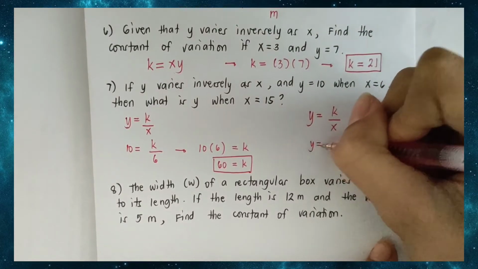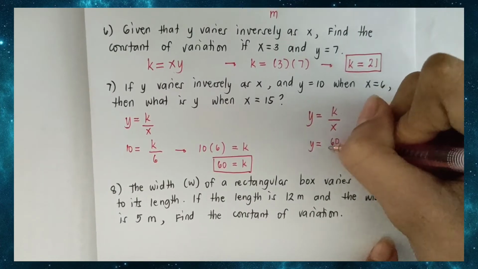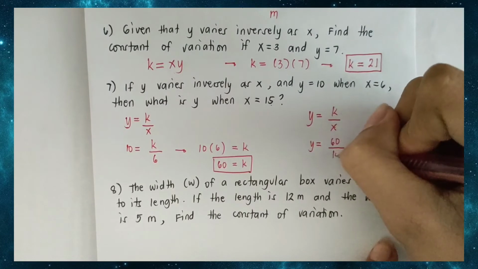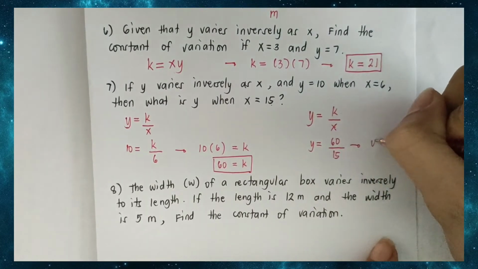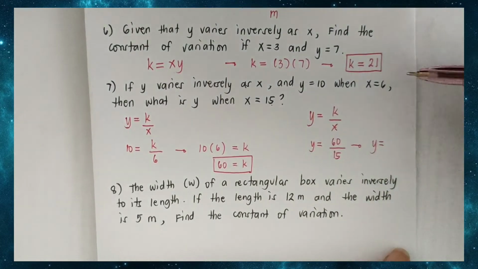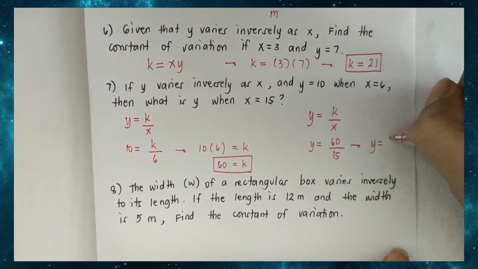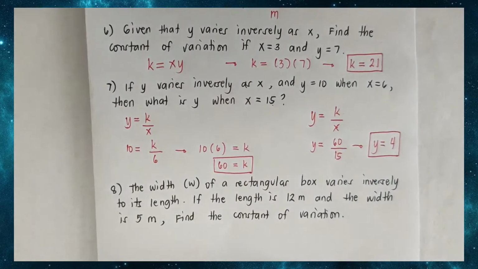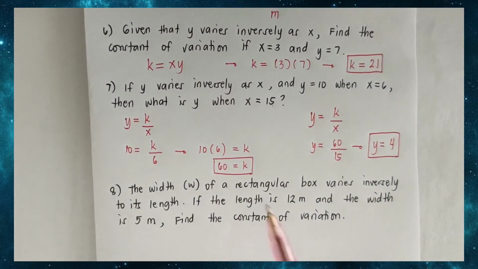So we'll write y is equal to 60 over the value of x will be 15. So y now here is 60 divided by 15, 4. This will be our answers for number 7. K is 60 and then y is 4.